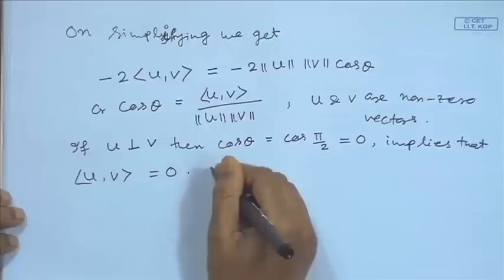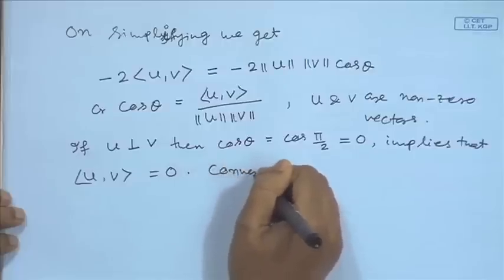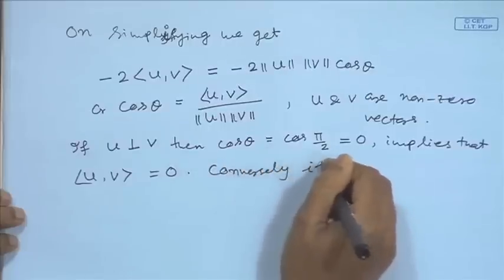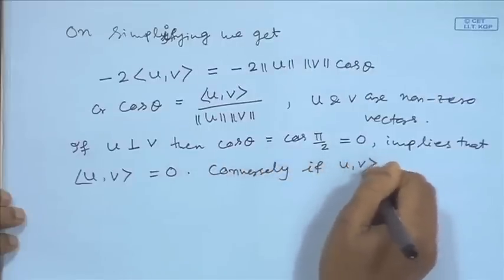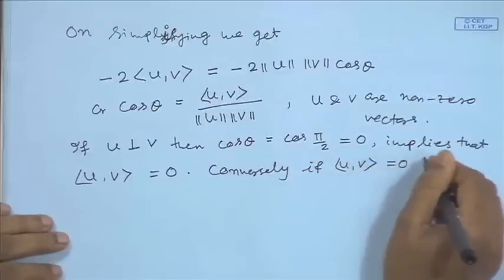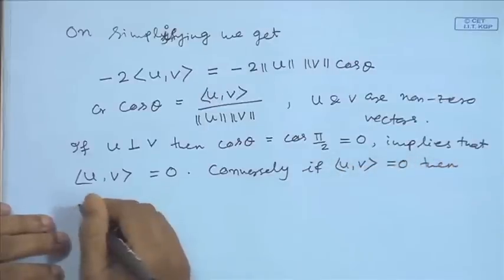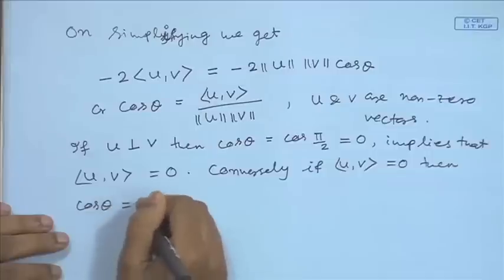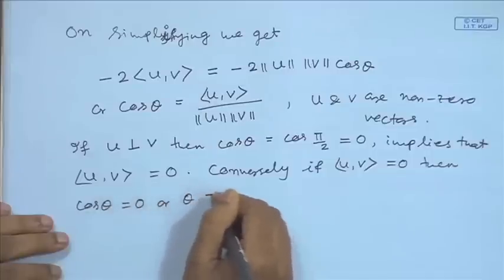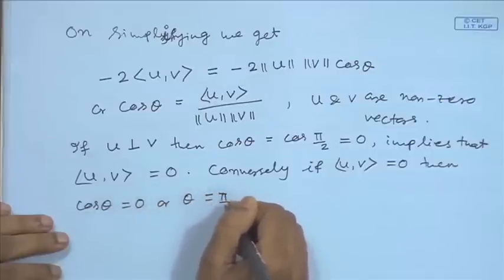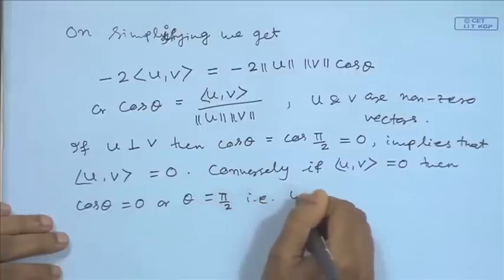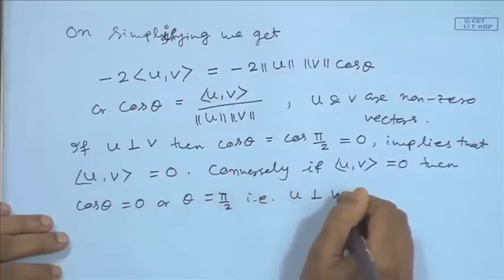Conversely, if the inner product of u and v is equal to 0, then cos theta is equal to 0, or theta is equal to pi by 2, that is, u is orthogonal to v.